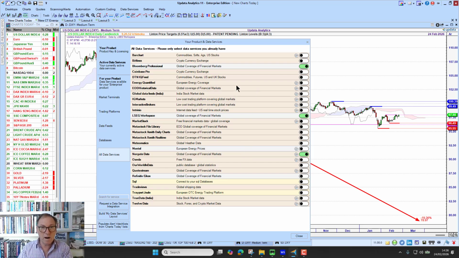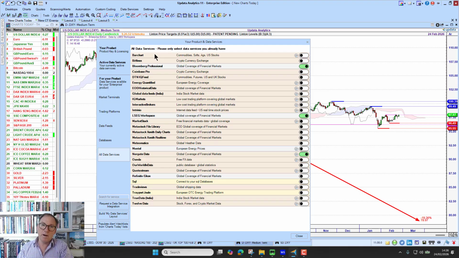You can run these feeds into Updata just by simply swapping these buttons in and out live, and for some you may need to enter a key. For example, I'm subscribed to Bloomberg, London Stock Exchange, LSEG Workspace, and Norgate Data, which is a great Australian service. I often swap in Metastock when I'm going to record a special video on Metastock for you.